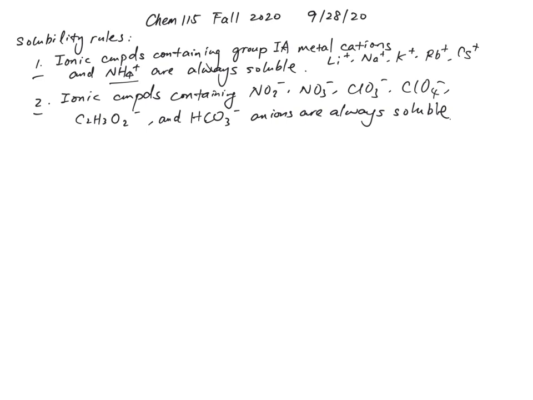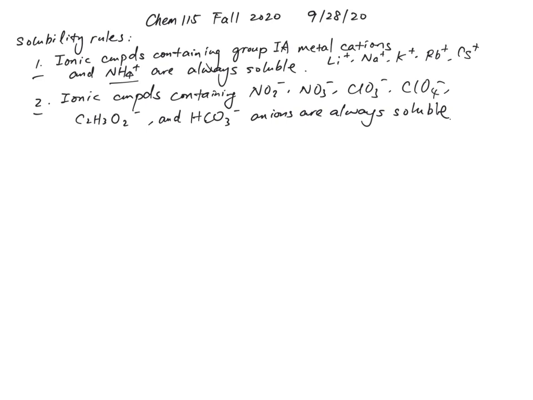You see one of these as your positive ion for your compound, even if the negative ion is something that you've never seen before, you can take it for granted that this is a soluble ionic compound, which means when it's in a solution chemical reaction, that compound should fully dissociate 100% into free ions.